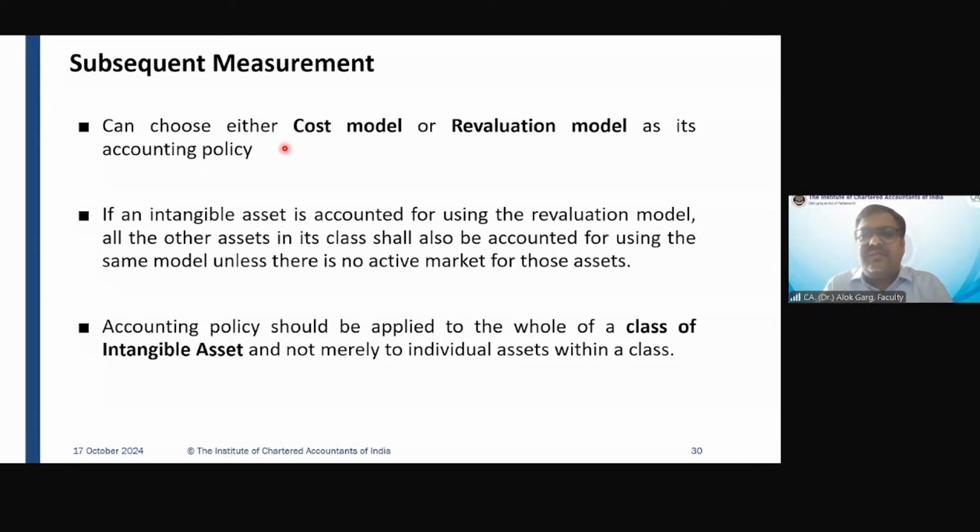Is there anyone in the class who has not heard about the cost model or revaluation model? It was there in Accounting Standard 10. We also studied this cost model and revaluation model in Ind AS 16 just last week. Anyone who has not heard about it?